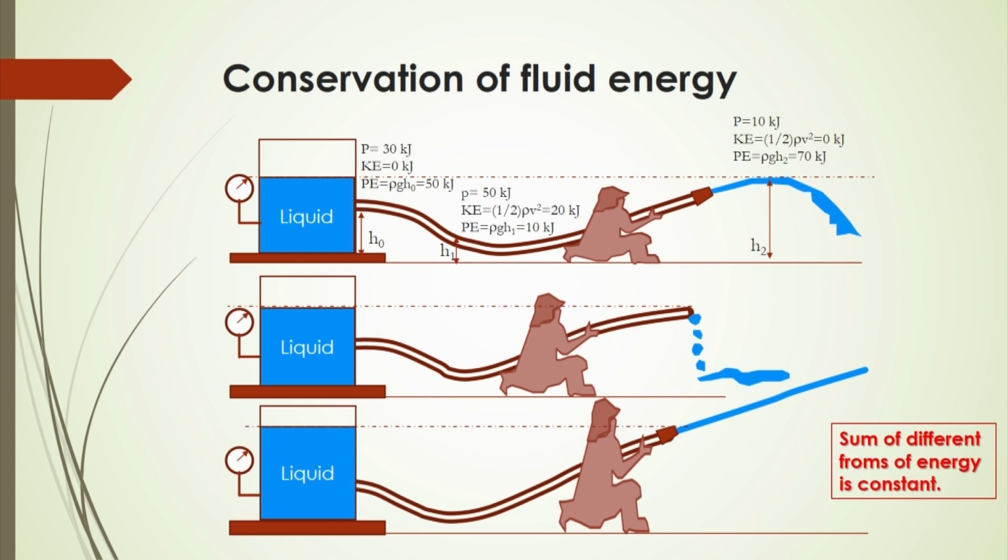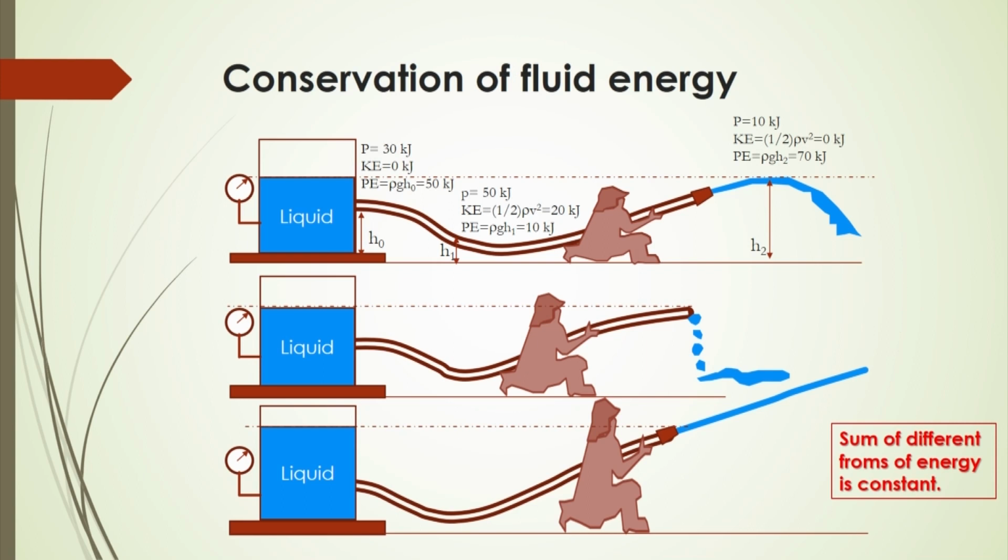See another point here: let the potential energy be 30 kilojoule, and the kinetic energy be 0 here, because there is no velocity at this point. The summation of energy will be the same at all locations. Similarly, at other locations, if we change the velocity, as in the first figure, the velocity at the outlet of the pipe will be higher, so the kinetic energy will be higher.